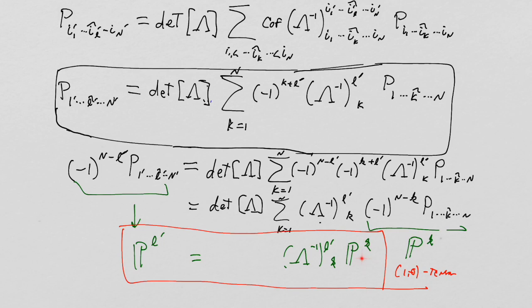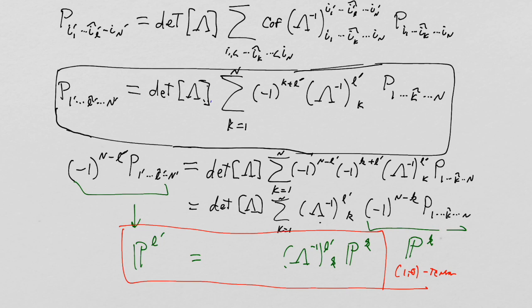And that transforms like the component, right? The K sums and you get the L prime. There's the contravariant transformation matrix. And so that is the contravariant transformation of this with the lambda being the covariant matrix. Like lambda is the covariant matrix, lambda inverse is the contravariant matrix, and the 1, 0 tensor component uses that to transform.